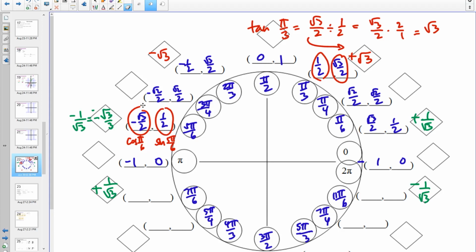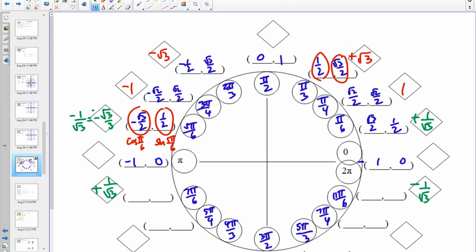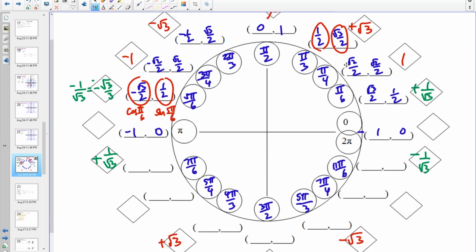These are really easy, right? All these are ones somehow, 1 or negative 1. Up here, this is 1 divided by 0, which is undefined. So I'm going to call that undefined. Down here, this is 0 and this is negative 1.